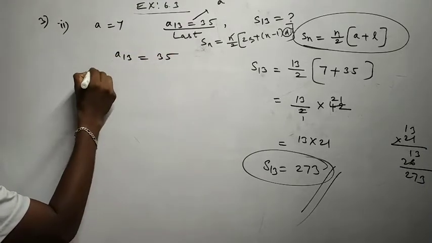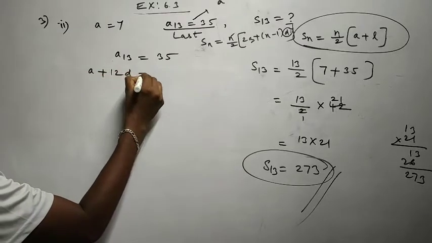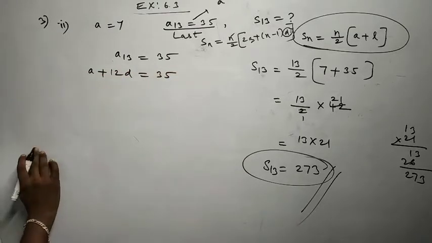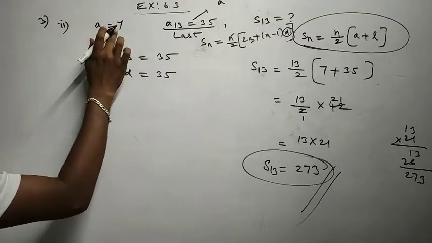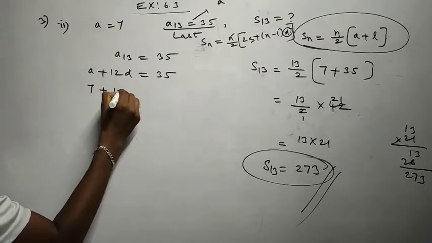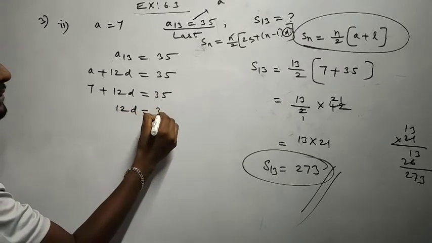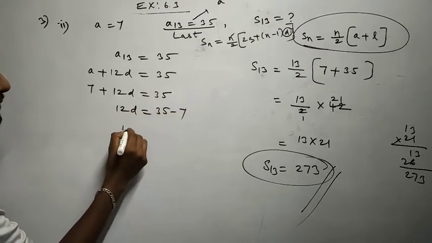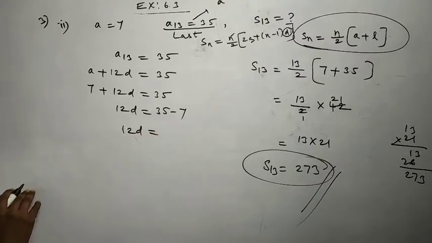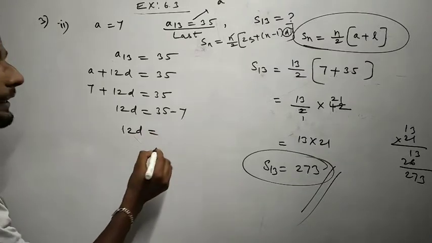So A13 I can write as a plus 12d, that is equal to 35. We know the formula. The a value we know already, it is 7 plus 12d equal to 35. 12d is equal to 35 minus 7, which is 28.